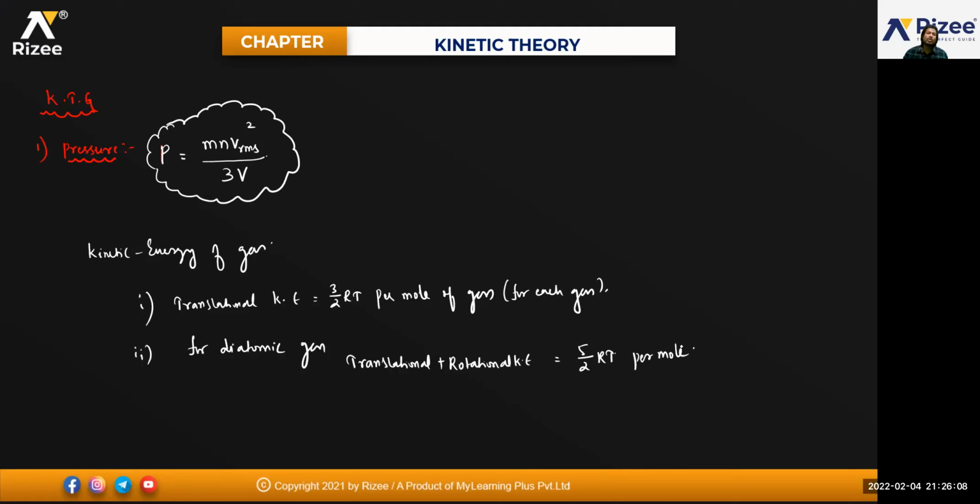So if I'm talking about only translation for a monoatomic gas, it is 3 by 2. For a diatomic gas, it has both translational and rotational, so it is 5 by 2 R T. Like that for triatomic and polyatomic, we'll do it in detail in degrees of freedom.